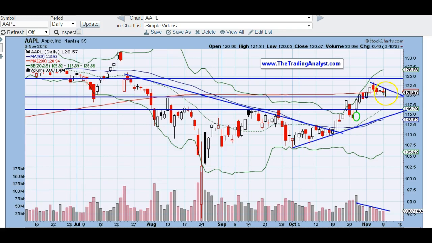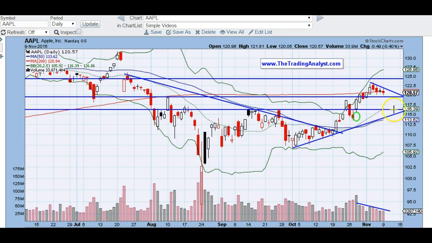So it's kind of in the midpoint for me. But if we break the lows of today, I think we can definitely come down and tag at least this middle Bollinger Band and this support down at 116. We might even want to come down here and fill this gap down here, and that gap is at about 114 right here. And that gap fill would coincide with a retouch of this uptrend line.